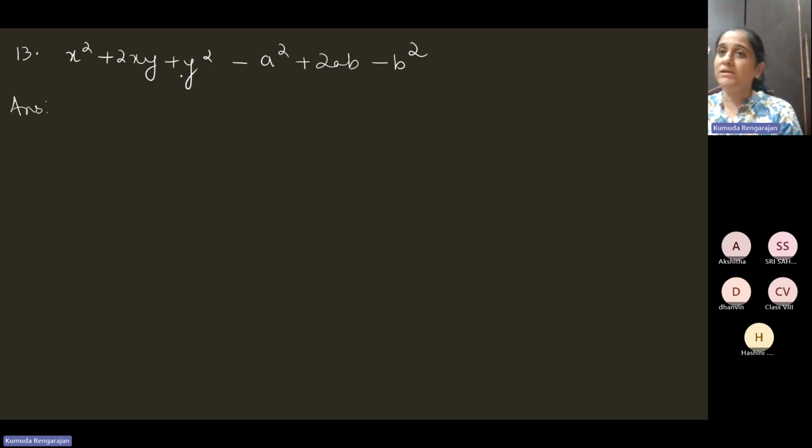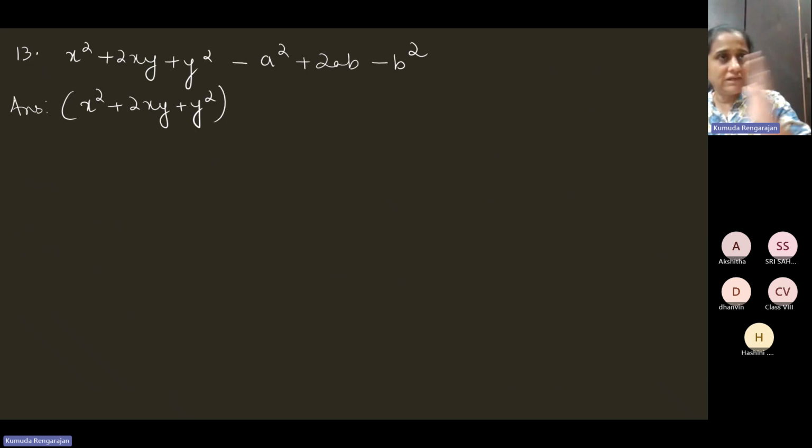Completed? Oh, okay. So the first three terms in a bracket. When you insert the first few terms in a bracket from the beginning, you don't have to change the signs.